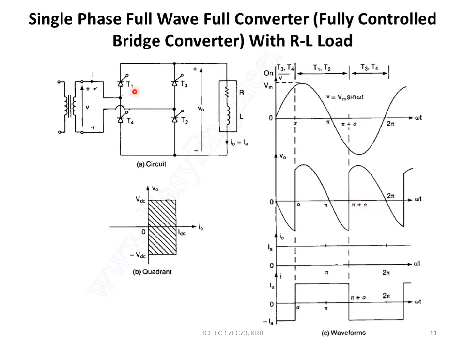When T1 and T2 are connected, the voltage will be the same as the input, from here to here, as what we are seeing. And when T3 and T4 are connected, it's rectified.